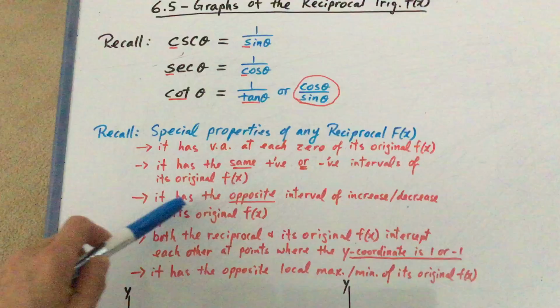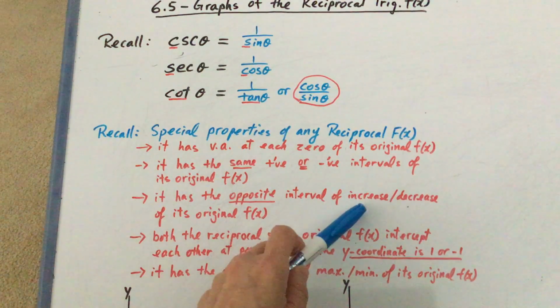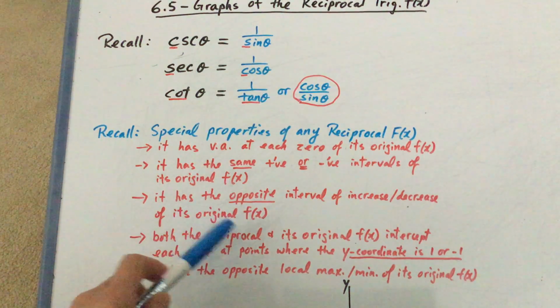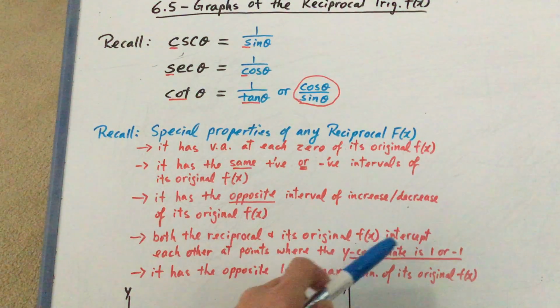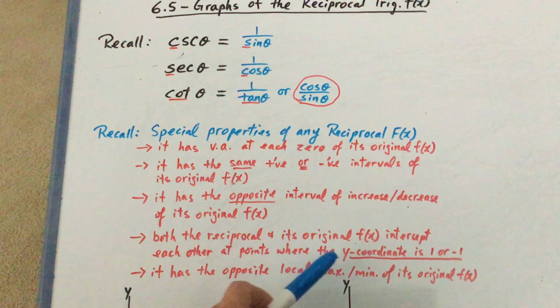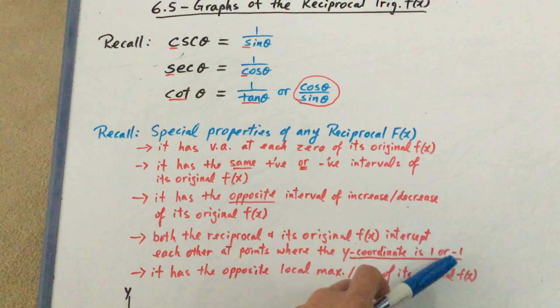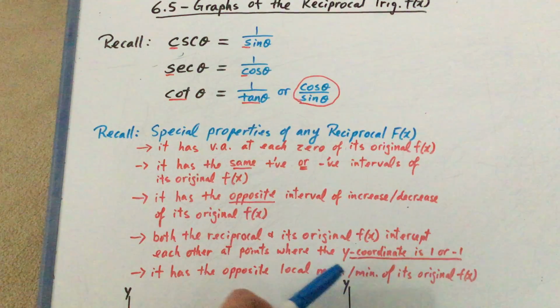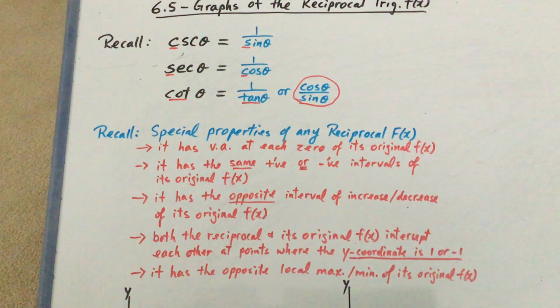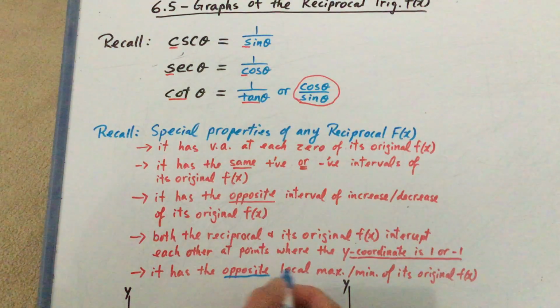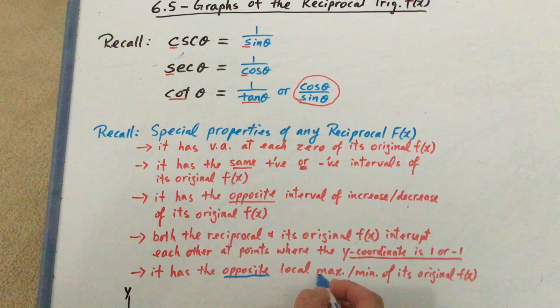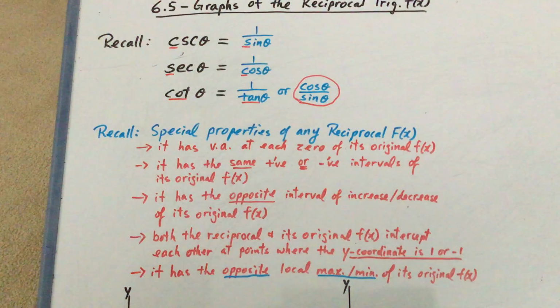Number 3, it has the opposite intervals of increase or decrease of its original function. Fourth, the reciprocal and its original function intersect at the points where the y-coordinate is 1 or -1. And finally, it has the opposite local max and min of its original.